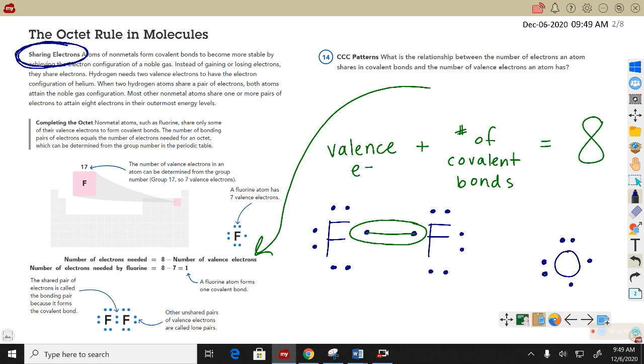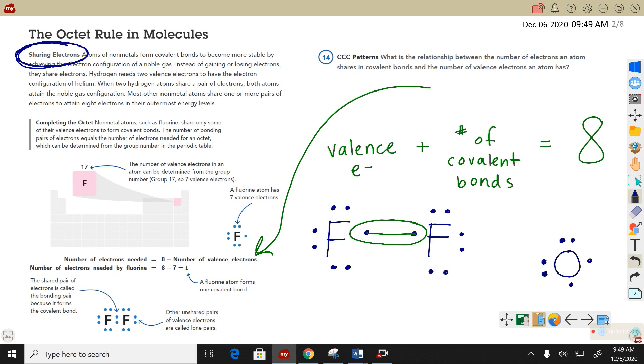Anything in the oxygen family with 6 valence electrons will be organized as 2 pairs and 2 singles. So if I have 6 valence electrons and I want to get to 8, anything in the oxygen family is likely to make 2 covalent bonds.